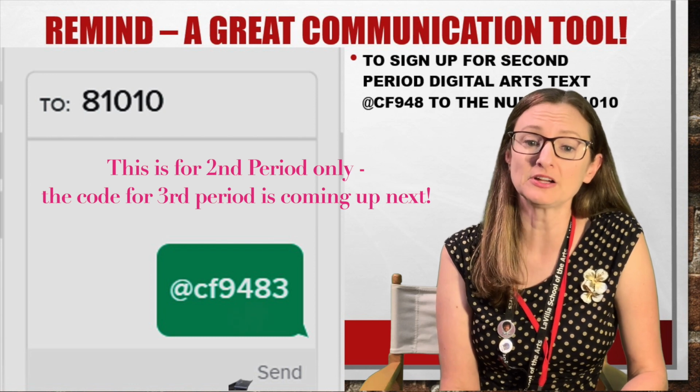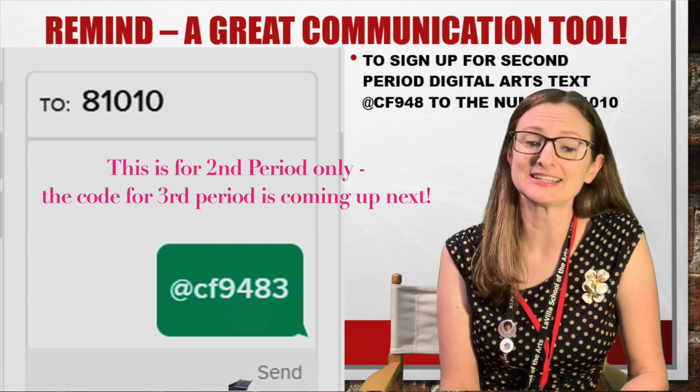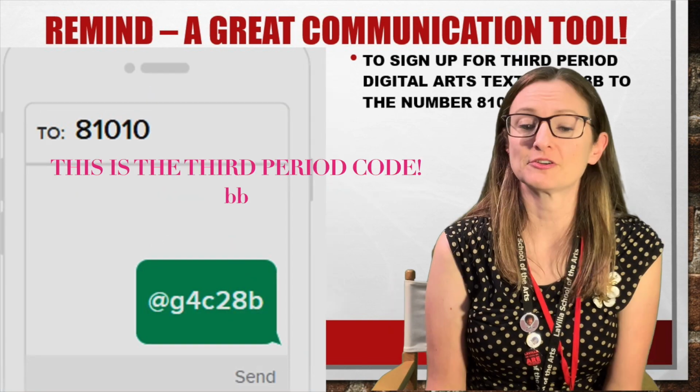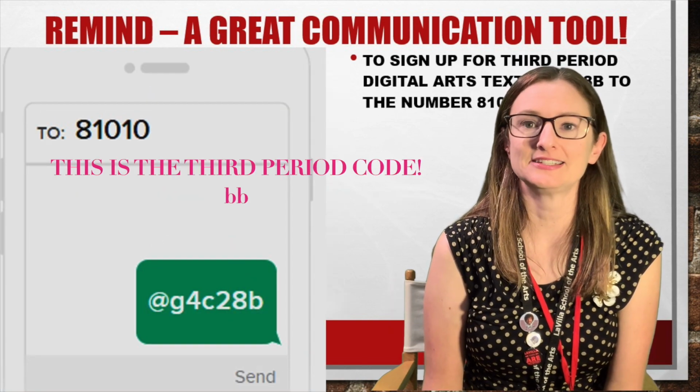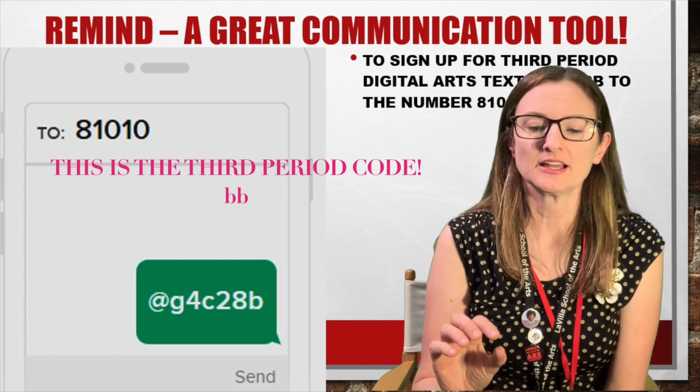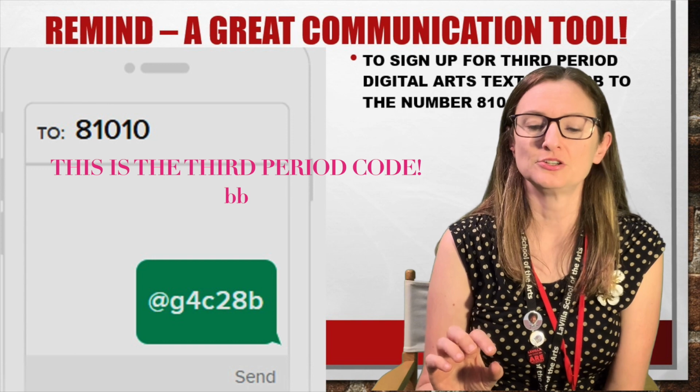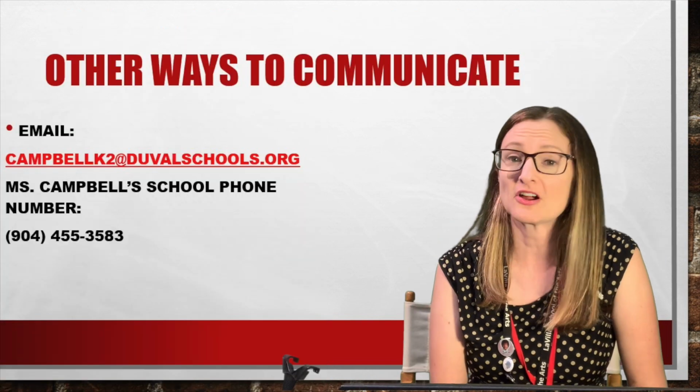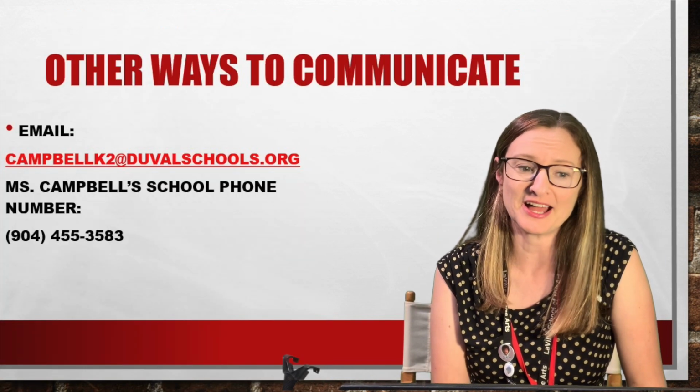For 2nd period, the code is @CF9483. For 3rd period, you're going to text 81010, and in the message you will text @G4C28B.